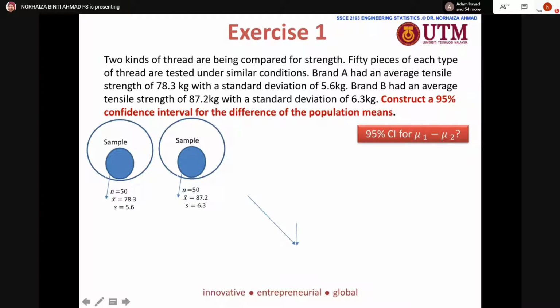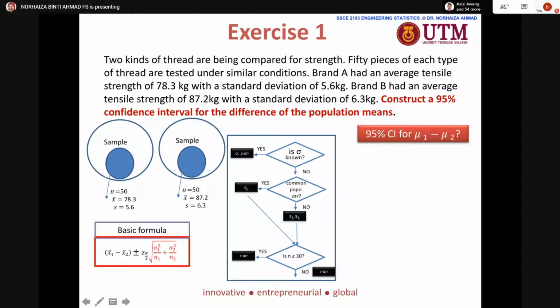Obviously this is from your sample, because it's given as an average tensile strength. If this were from mu, why would we be checking for this? So this is from a sample, and this is also from a sample. These are the pieces of information that you have. Now you construct a 95% confidence interval for the difference of the population means. So the basic formula is this.